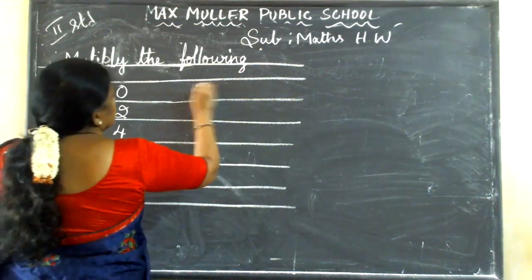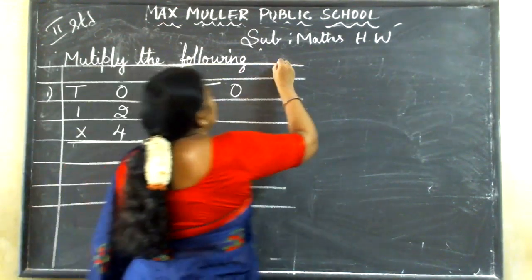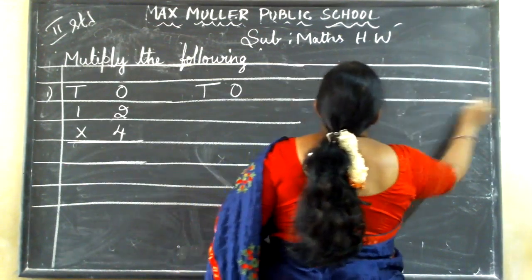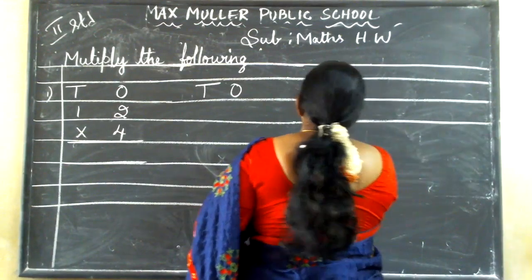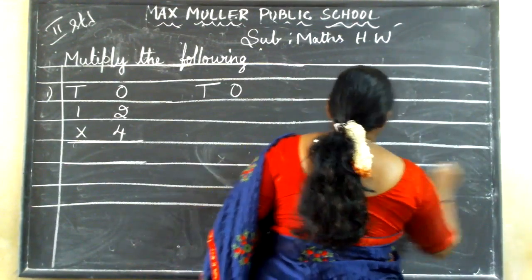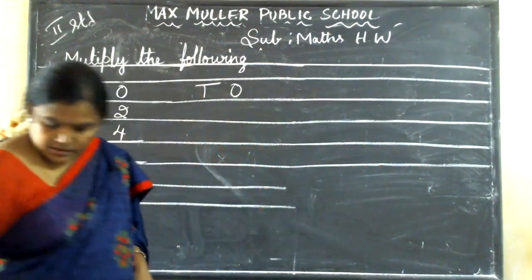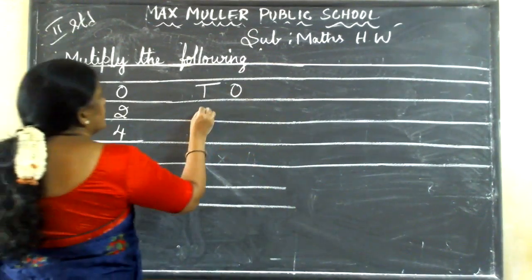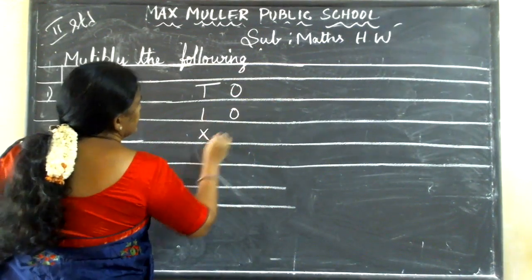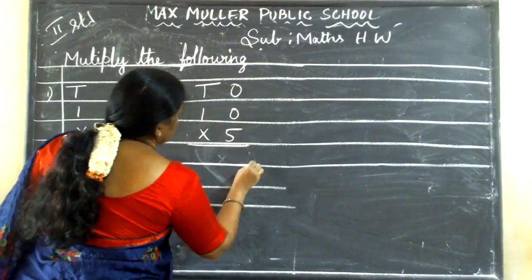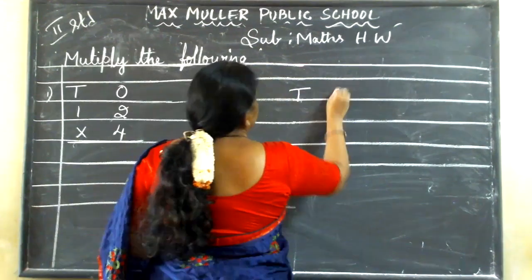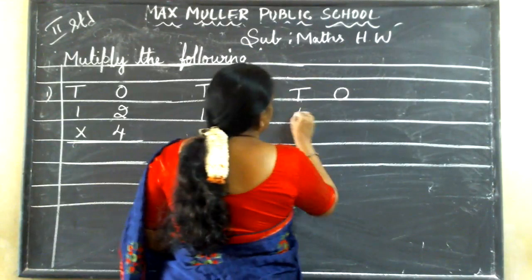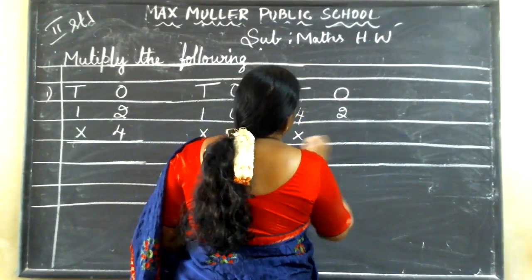Second sum: 10 multiplied by 5. Third one: 42 multiplied by 2.